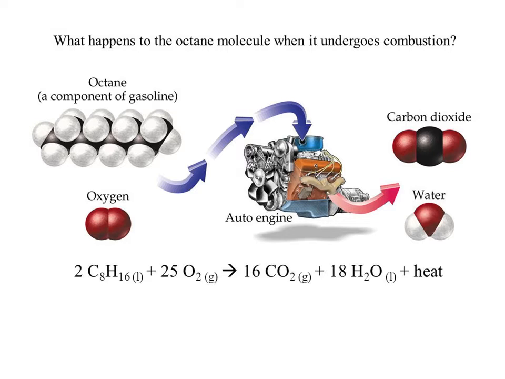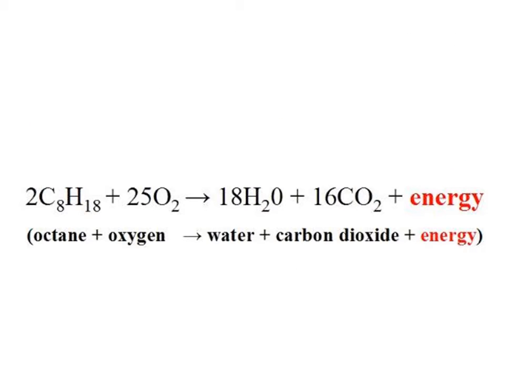So you see the chemical reaction with the balanced equation on the bottom. You see a representation of the molecules with the spheres above that. And again, another representation showing the chemical reaction, and in words you would say that octane plus oxygen yields, that's the arrow sign, water plus carbon dioxide plus energy. And the energy is what moves the car.